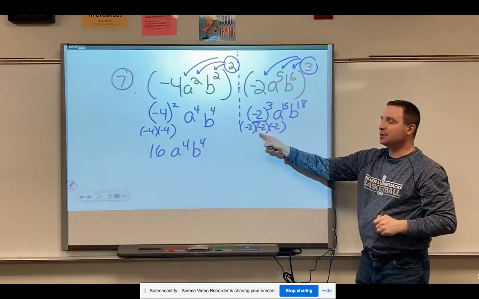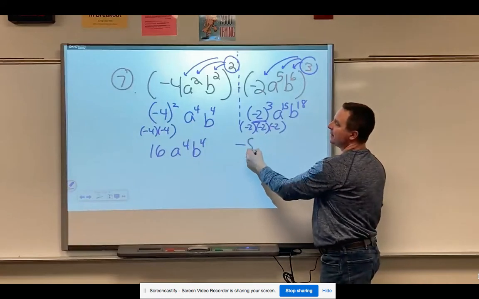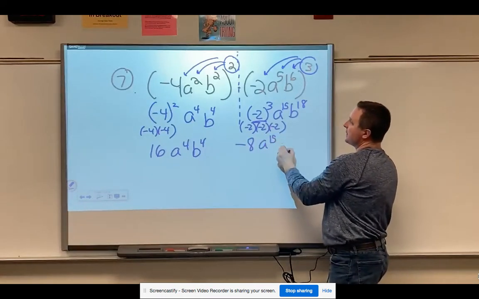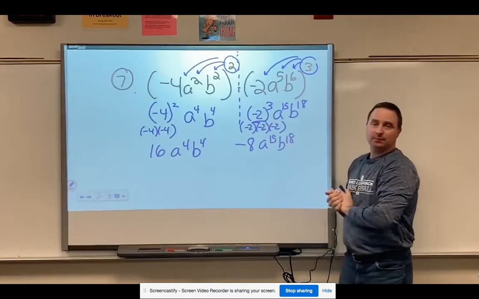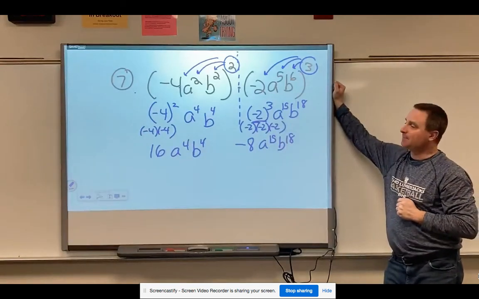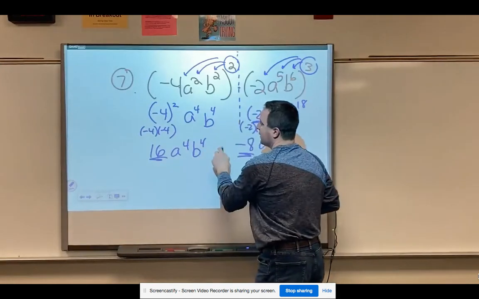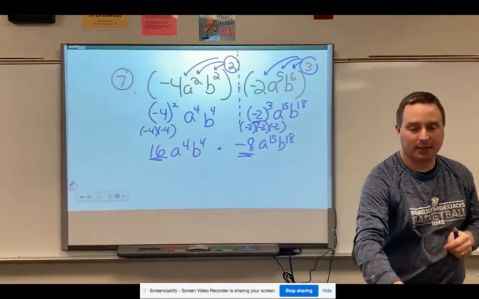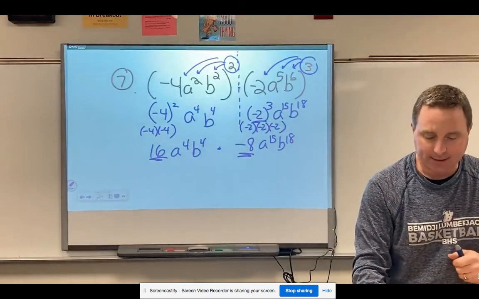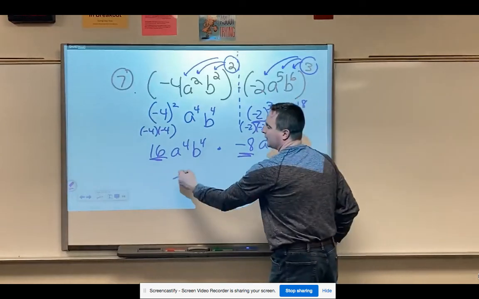Negative 2 times negative 2 is positive 4, and 4 times negative 2 is negative 8. a to the 15th, b to the 18th. The negatives are the ones that can be a little bit tricky. Lastly, I'm going to multiply these together. Big numbers with big numbers, using my calculator: 16 times negative 8 is negative 128.